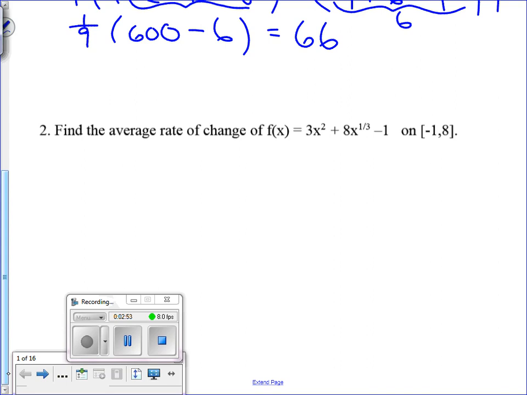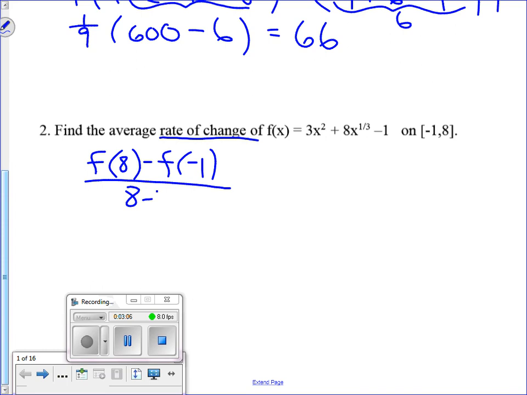Okay, for the second question, we want the average rate of change. For that, we use the slope formula. We're going to use f of 8 minus f of -1 over 8 minus -1. So you got to figure out what f of 8 is. You got to plug 8 into the original function.